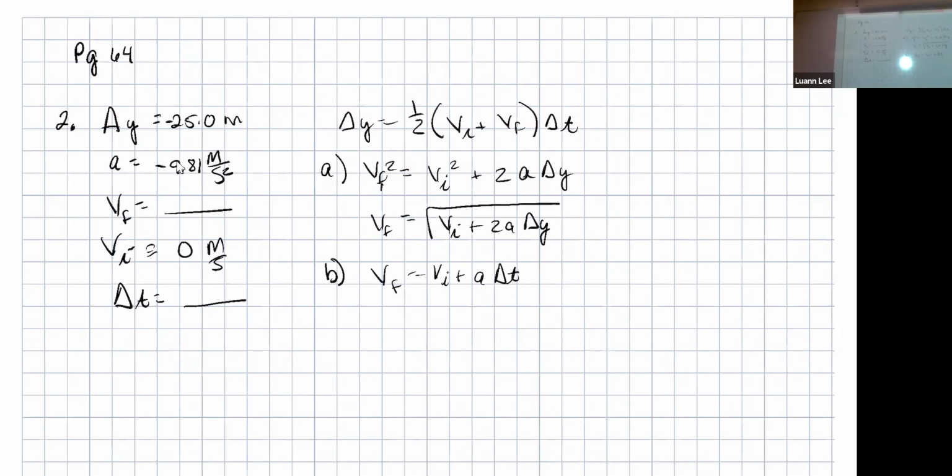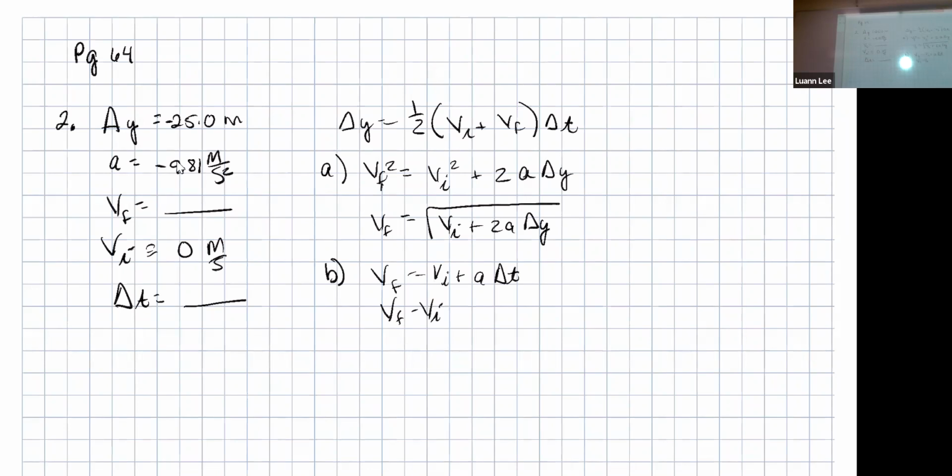Yeah, that's what I was going to use, and then I had to rearrange it. Right. So would it be minus A divided by VI? No, it would be minus VI divided by A. Yes. Okay. So you're going to have this.